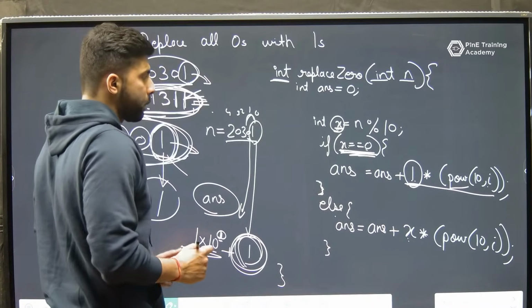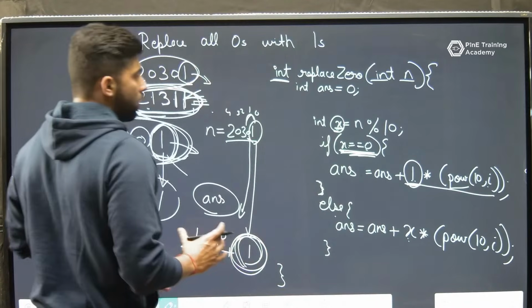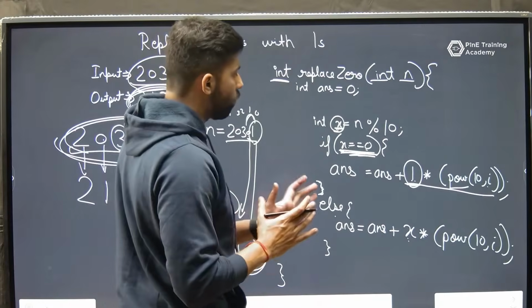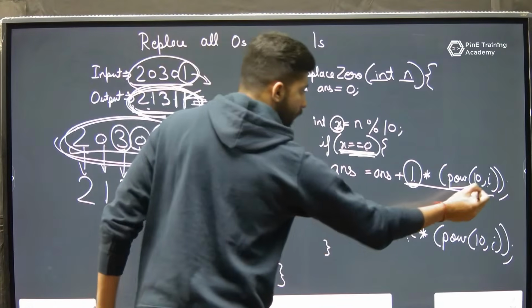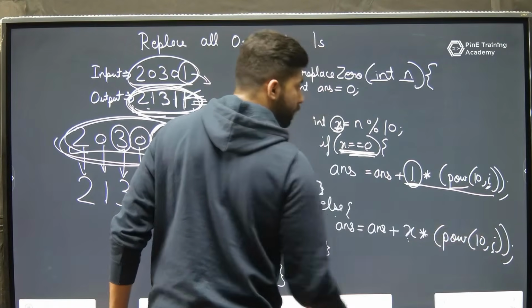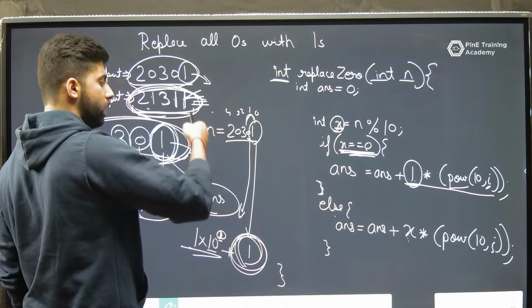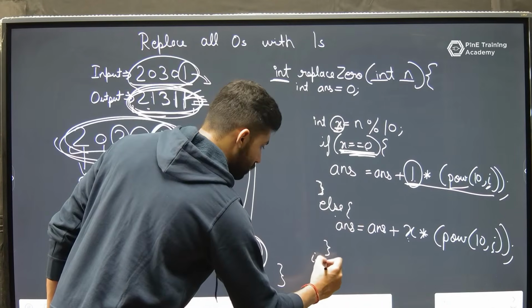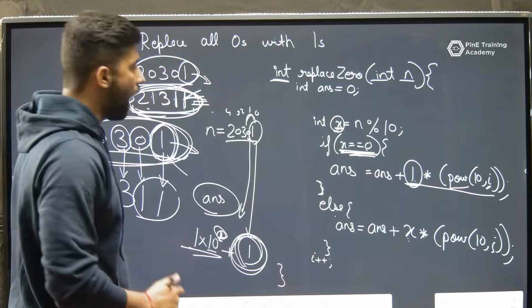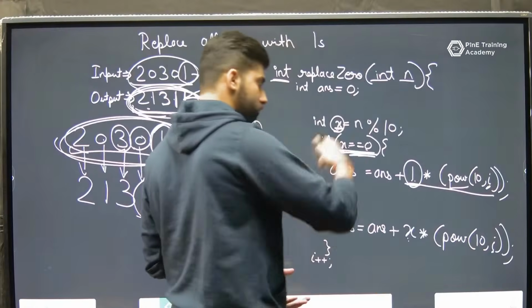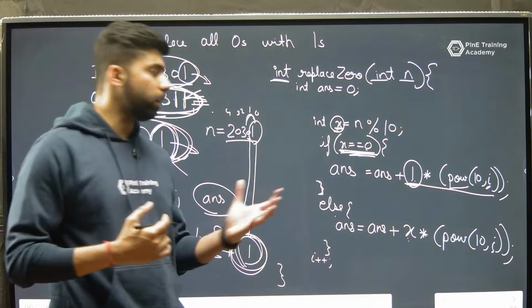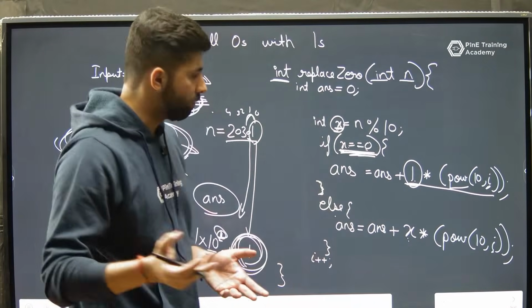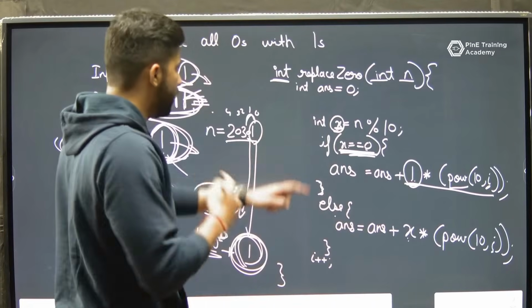Okay. Now, what I need to do is change this I as well, because we know that when we are moving towards the left, this power of I will be changing. So we will do the I plus plus thing. And this whole part should be inside a loop because we are doing it again and again.